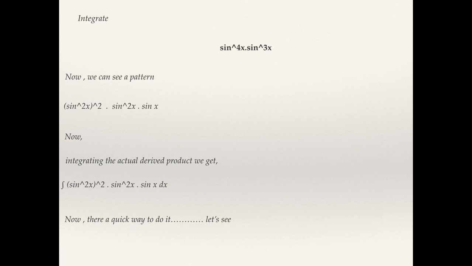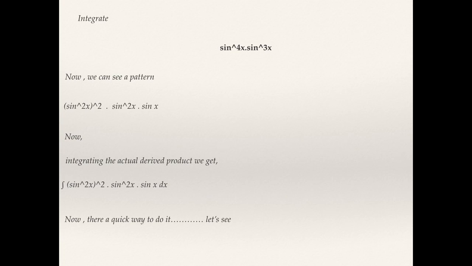Now, integrating the actual derived product, we have to integrate this. So I've given you the hint. If you can solve from here, you're a good dude. If you can't, you're a good dude as well, because you want to watch more videos, right? So let's go for it.